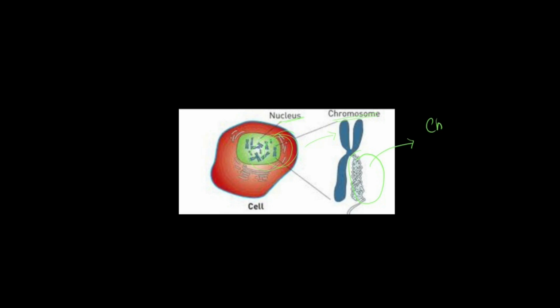So this is chromatin fiber. Basically, chromosomes are made up of chromatin fiber. Hence we can say that the chromosomes are highly condensed chromatin fiber.